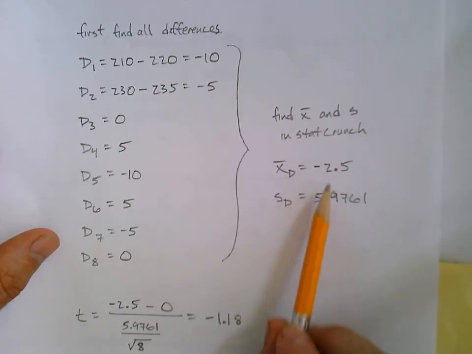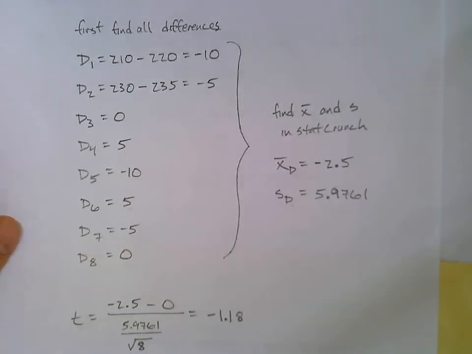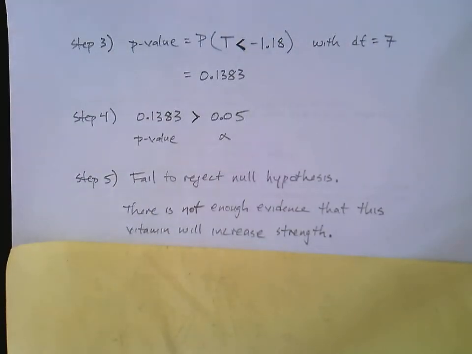Find these two numbers in StatCrunch, and then there's your formula. Margin of error equals the t-score, depending on what your confidence level is, times the sample standard deviation of the differences divided by the square root of the sample size. And then the confidence interval itself is your x bar sub d minus the margin of error and x bar sub d plus the margin of error.